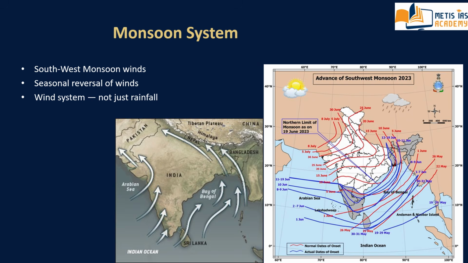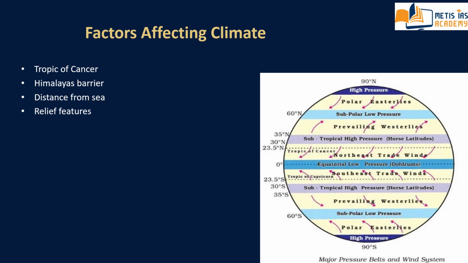So, what are the factors affecting climate? Several factors shape India's climate. First is latitude, that is the Tropic of Cancer. Second is the Himalayan barrier. Third is distance from the sea. And the fourth is relief features.